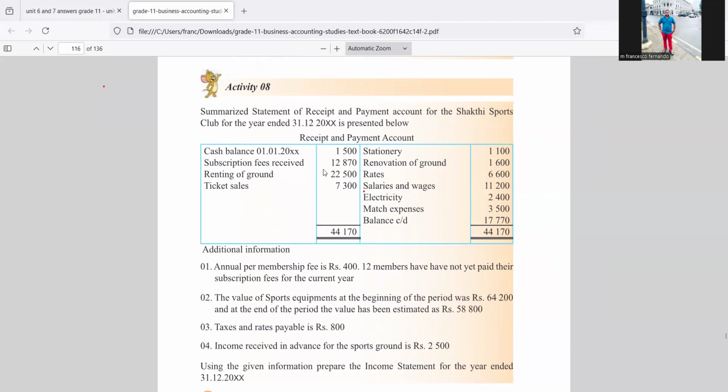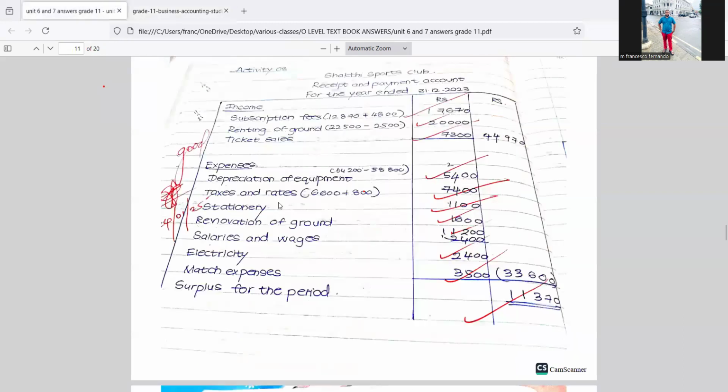Subscription fees received is this much. So 12 members have not paid. What you can do, if per member fees is 400, so 12 into 400, you will end up with 4,800. So 4,800 plus amount received, which is 12,870, you can get the total amount for the year.